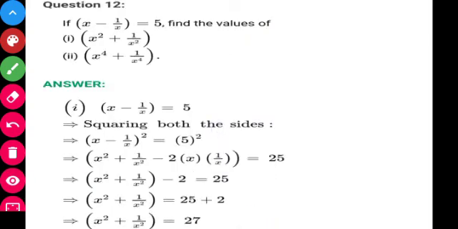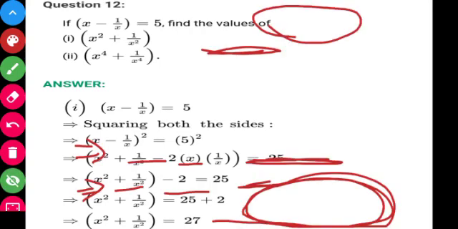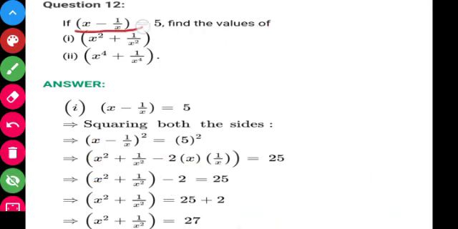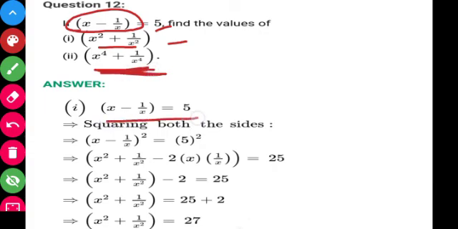Question number 12 is similar. It is again given x minus 1 upon x is equal to 5. Then find the value of x square plus 1 upon x square, and x to the power 4 plus 1 upon x to the power 4. You can do it again, write the given information. Squaring on both sides, we have x minus 1 upon x whole square is equal to 5 square.